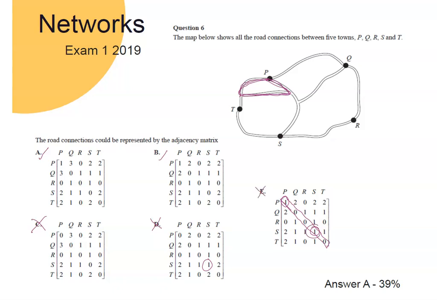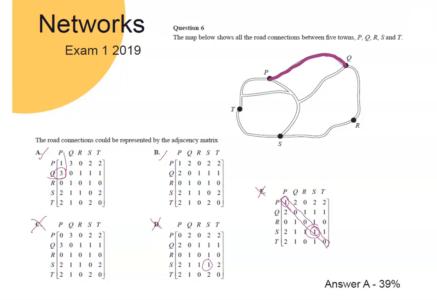So then between option A and B, what are the differences? Well, the first thing I can see is that it's telling us that from Q to P, there are 3 different pathways. So let's have a look whether it's possible to get from Q to P 3 different ways. So firstly, I could go across here.